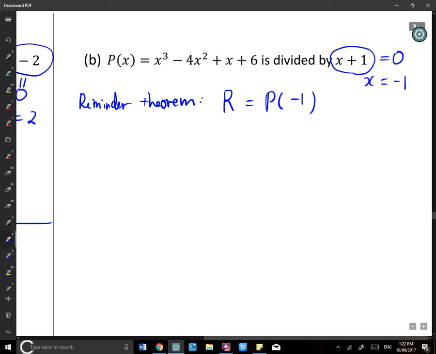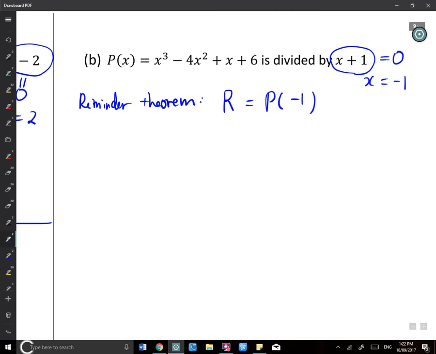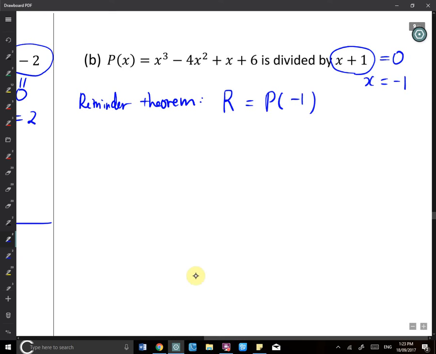I know in the test, a lot of you still will give me P(1) instead of P(-1). Remember, it must be what you're trying to divide equals 0, solve for that, and then you substitute. It's not directly substitute like the b values. So what is P(-1)? It is negative 1 cubed.